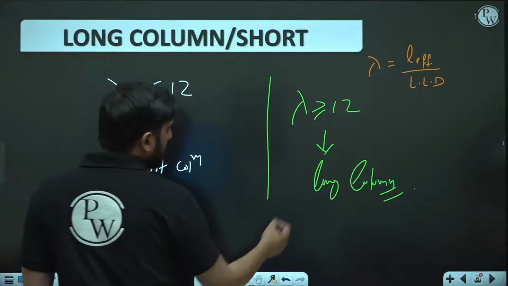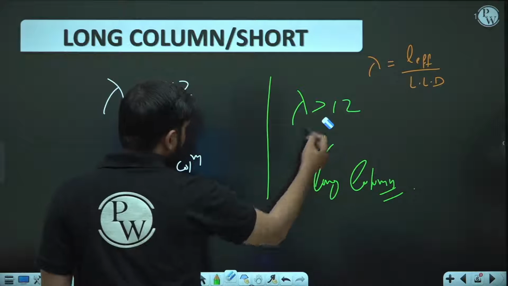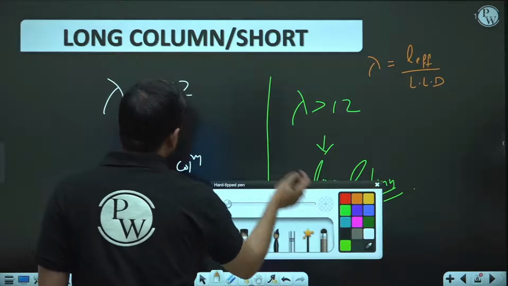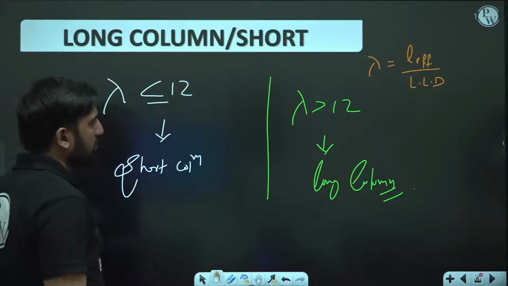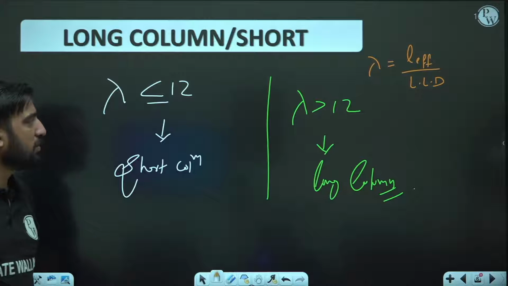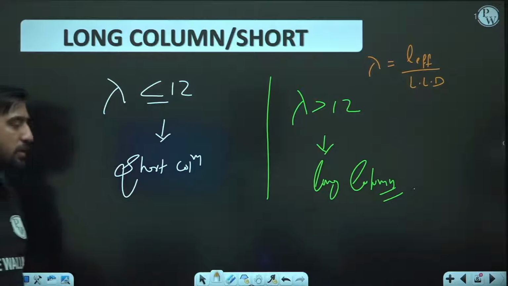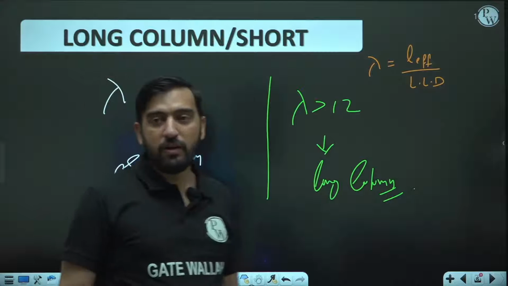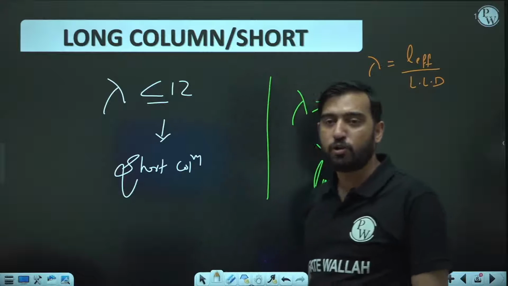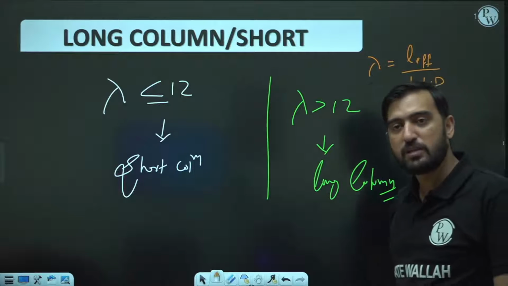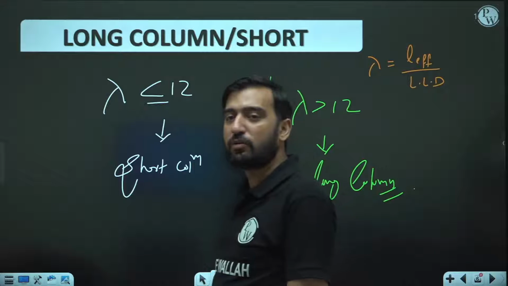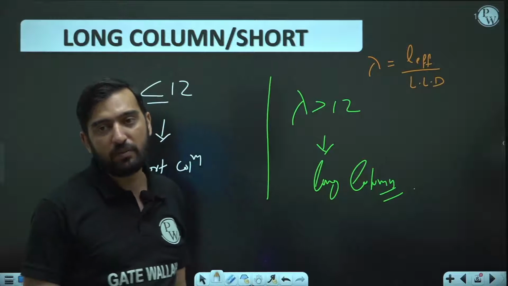I am putting the equal sign here because some additional moments come into play, and they are negligible if lambda is equal to 12. So our case is going to be that of a short column, and lambda is defined as the effective length upon the least lateral dimension.